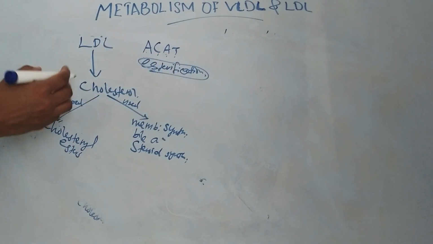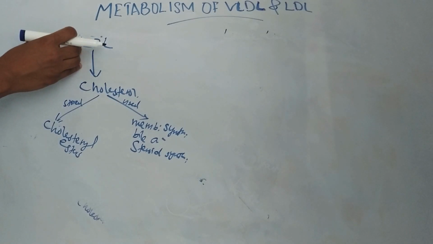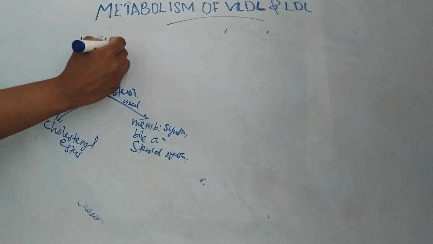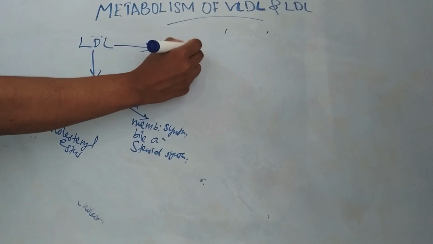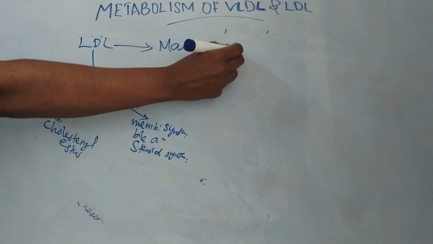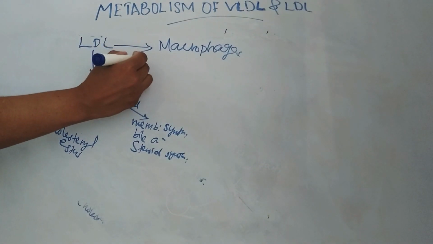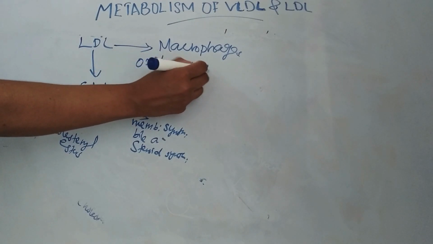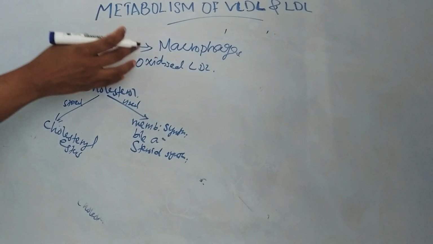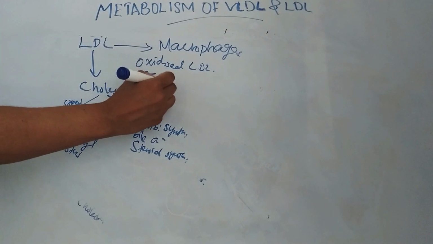So, most of the LDL releases cholesterol. The remaining portion of LDL is taken up by macrophages. In the case of increased LDL, there is production of oxidized LDL. Once it is internalized by the macrophages, it forms foam cells.